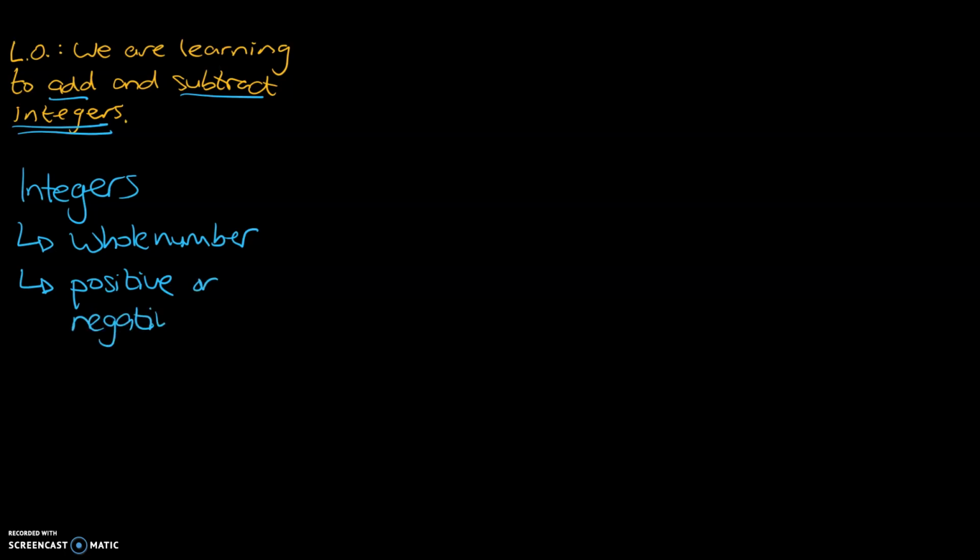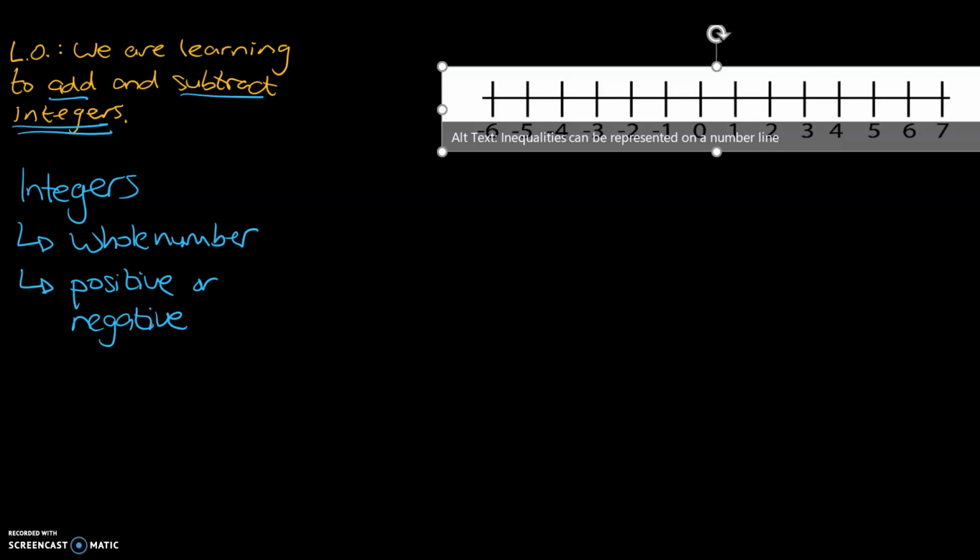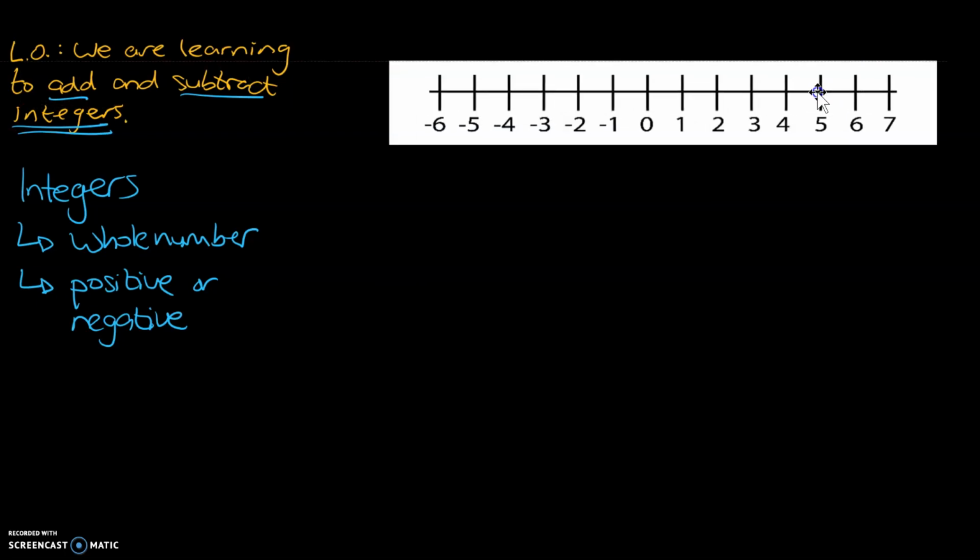So we're trying to deal with how do we add and subtract positive and negative numbers. Our starting point is this number line that I've copied and pasted into the screen, and we're going to use this to help us with our maths.